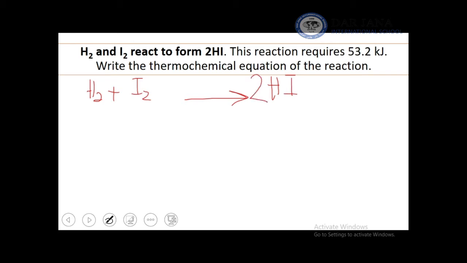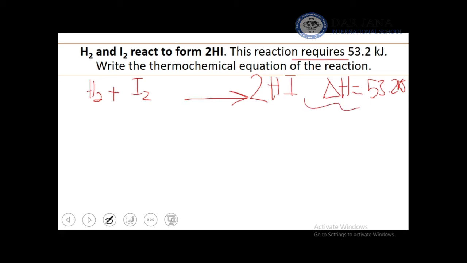Now this reaction is balanced. When we write the delta H with it, they said it requires, so it absorbs energy. It's a positive value, 53.2 kilojoules. If you wrote the reaction in this way, this is a thermochemical equation.